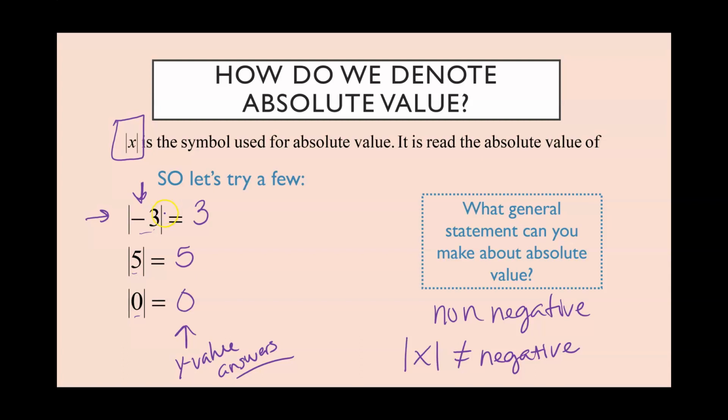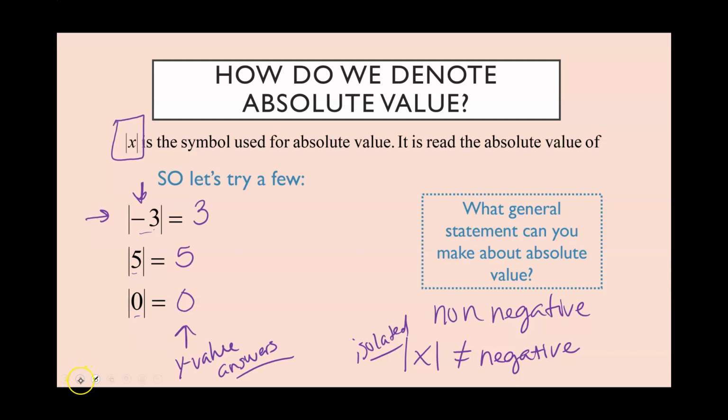See how there's nothing in front, nothing behind. So an isolated absolute value of x cannot equal a negative, okay? Now, let's look at some absolute values that are not isolated, okay?